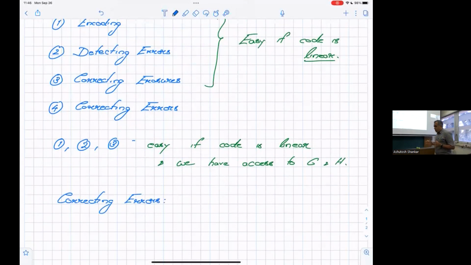Once again, when is encoding efficient for a nonlinear code? When there is an algorithm that maps sigma to the k to sigma to the n. That's exactly what the question is. For linear codes, G gives you such an algorithm. Of course, even here you could ask more questions.